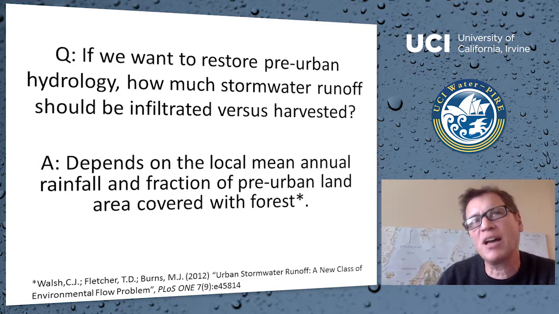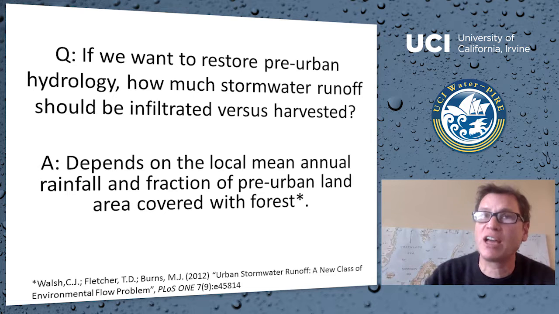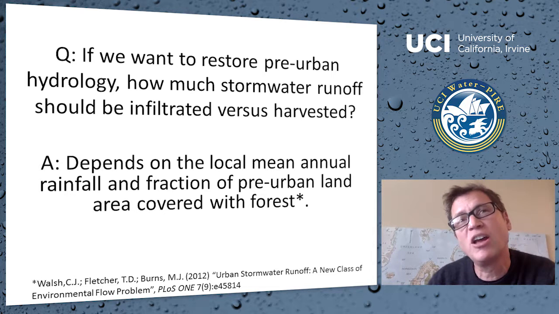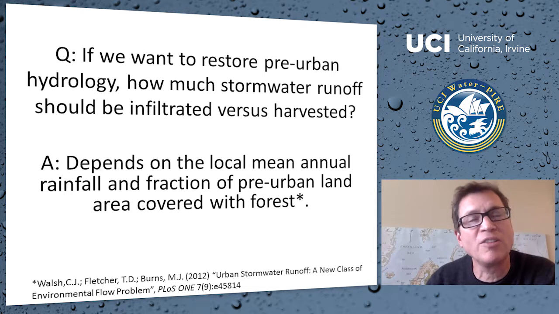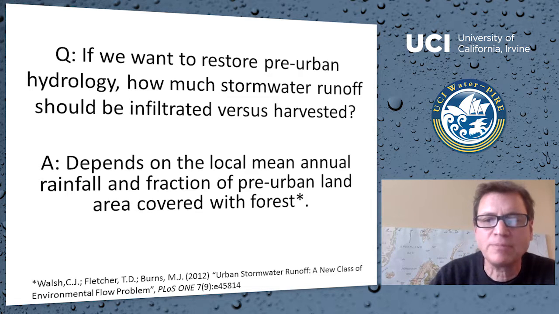It turns out the stream coefficient of the natural environment depends on the number of trees you have, essentially the fraction of the land that's forested, as well as on the mean annual rainfall. The answer is that the ratio of infiltrated to harvested runoff depends on the fraction of pre-urban forest and on MAR, that mean annual rainfall.